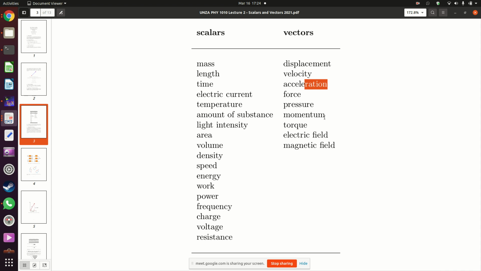When you divide a vector by a scalar, you get a vector. When you multiply a vector by a scalar, you get a vector. So in the case of momentum, you multiply the mass, a scalar, times the velocity, a vector, so you end up getting a vector. Okay?